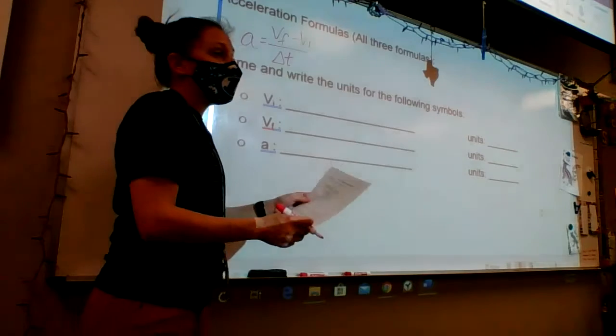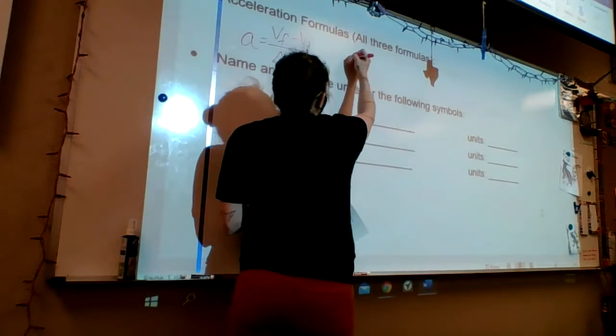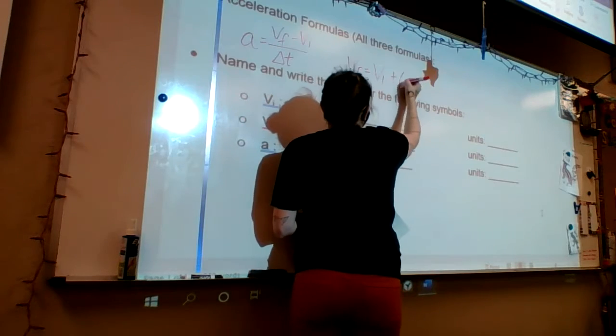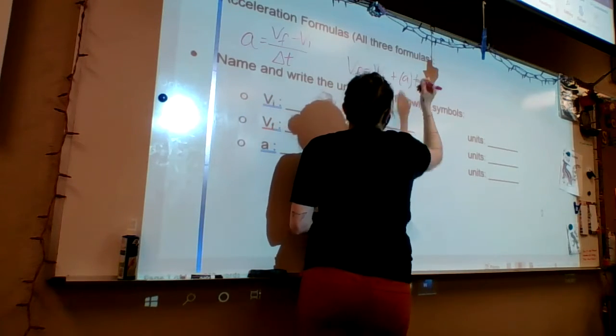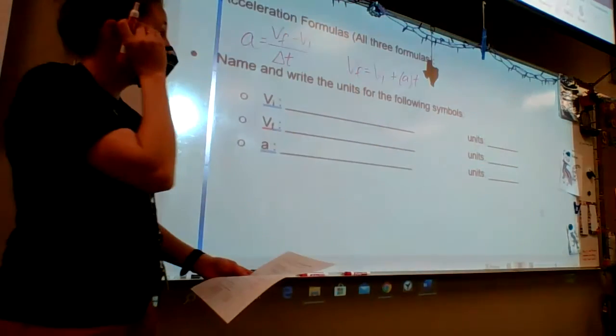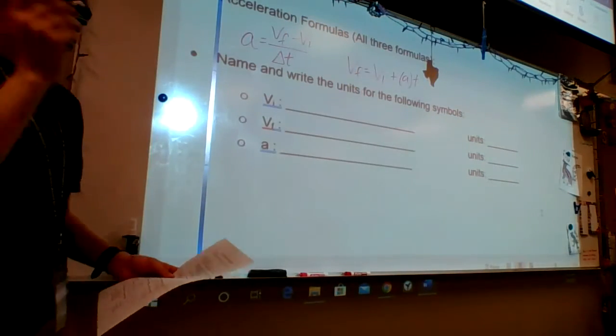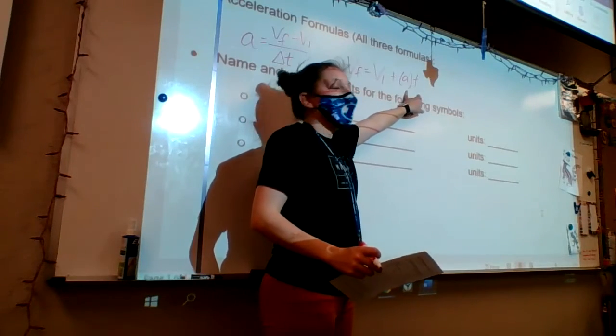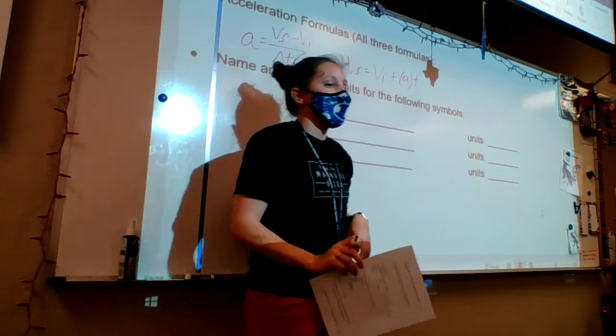We have our VF equals equation. So VF equals VI plus A multiplied by T. On this one, you would multiply first, acceleration times time, and then add your initial velocity.